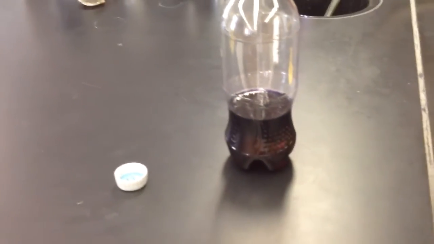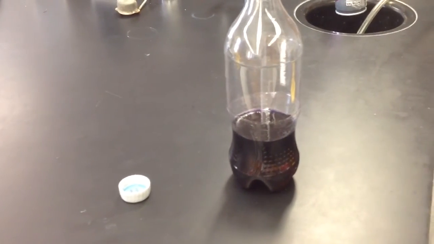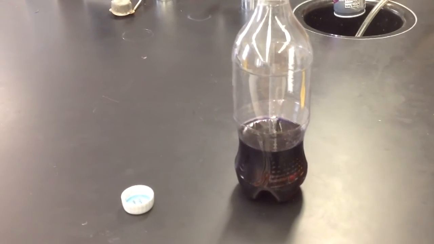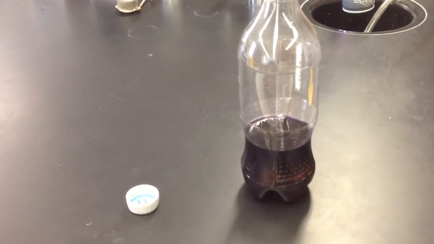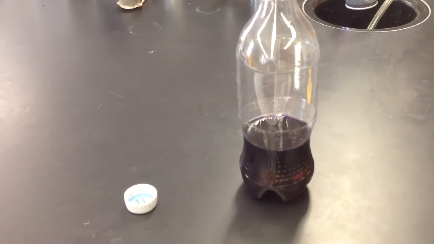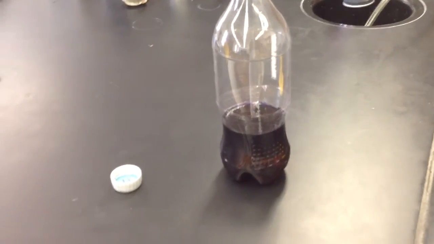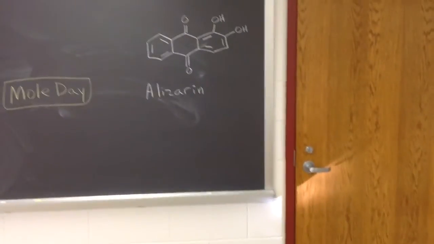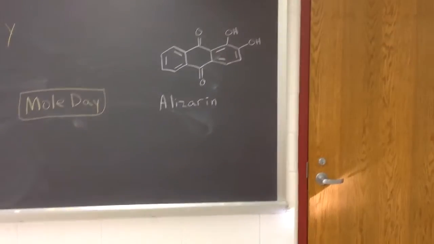And we see a dramatic color change, and so the pH is somewhere quite a bit higher pretty quickly as our little bit of acid in our water got converted to a basic solution, and that molecule's structure changed a little bit in the presence of base.